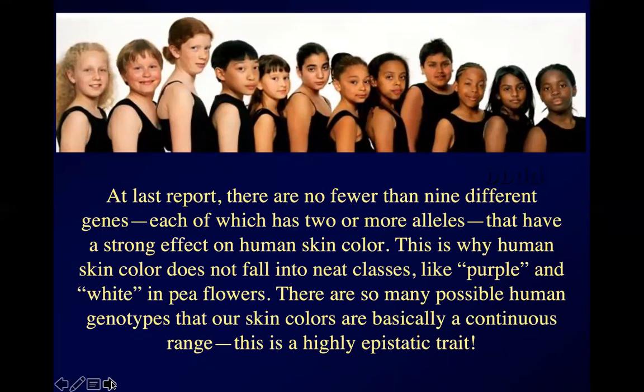So to work out the skin color for crossing 2 different humans, you would need, I think, a 1024 by 1024 Punnett square. There are a lot of possible phenotypes, and this is why human skin color doesn't really fall into neat classes.